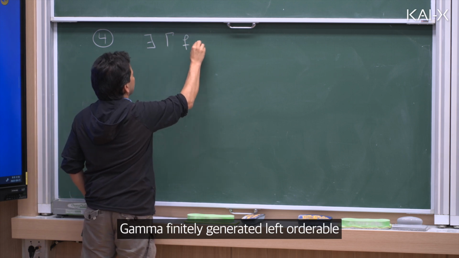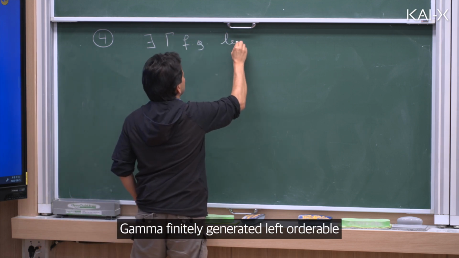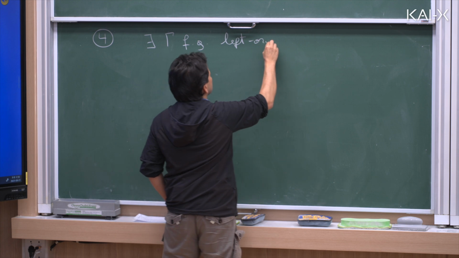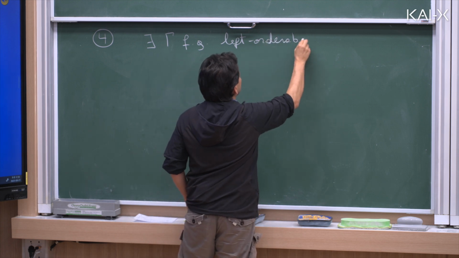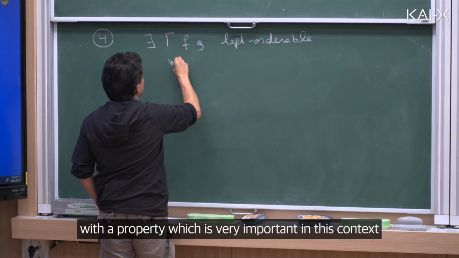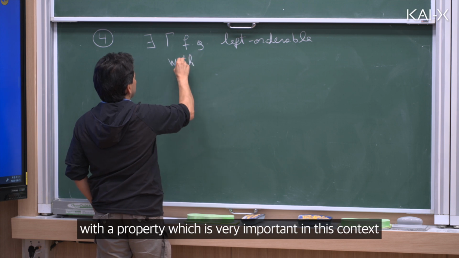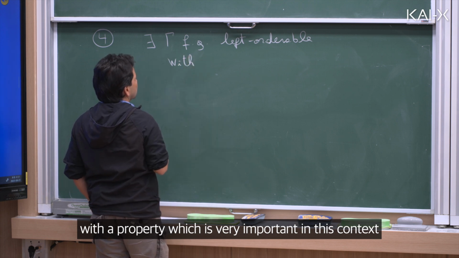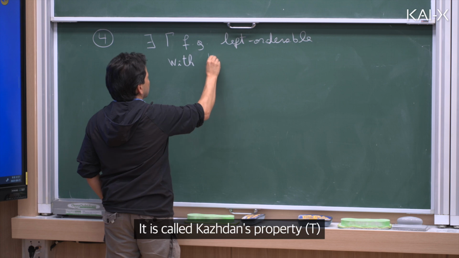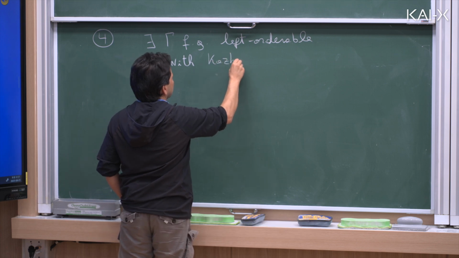Gamma finitely generated, left orderable, with a property which is very important in this context, well, in any context. It is called Kazhdan's property T.